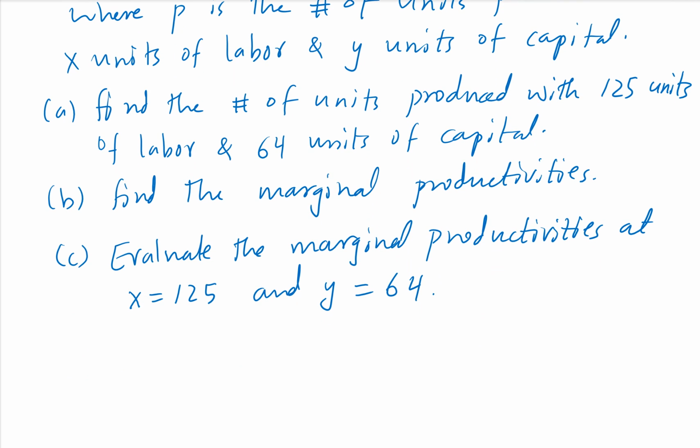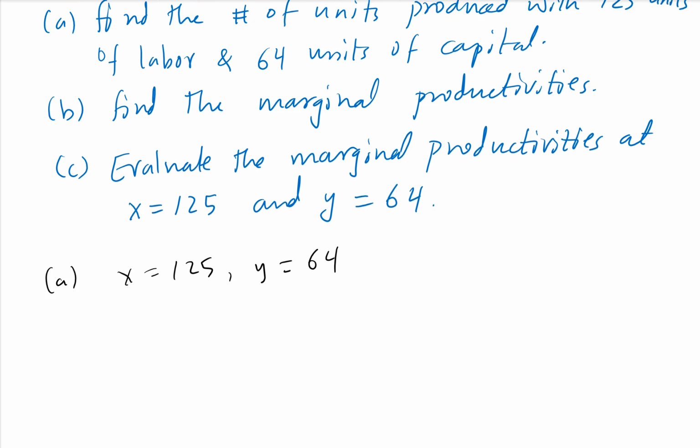So for part A, they want us to find the number of units produced with 125 units of labor and 64 units of capital. That means x is 125 and y is 64.